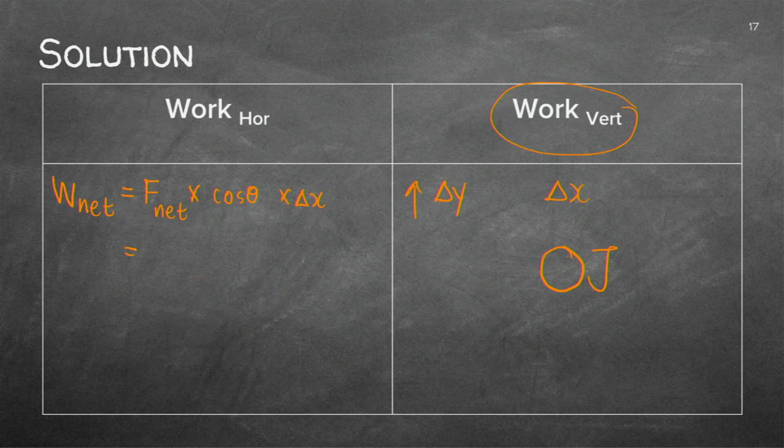So let's conclude with the 25 there. We've got the same direction between the X and the F, therefore cos 0 degrees, and we know it had a displacement of 3. That gives me a value of 75 joule. Can you see? I calculated the horizontal work.